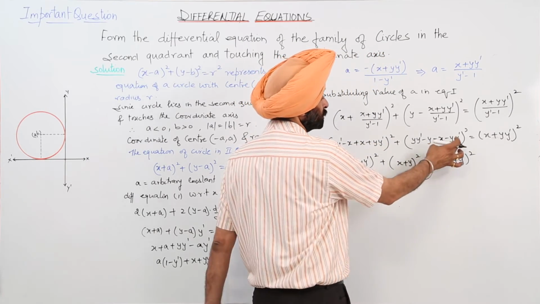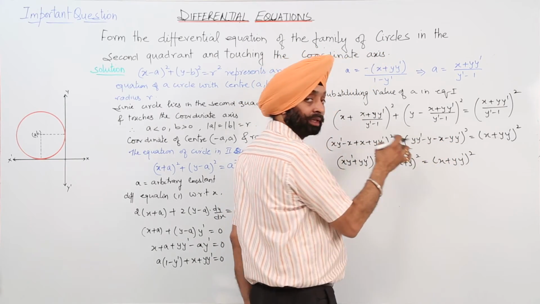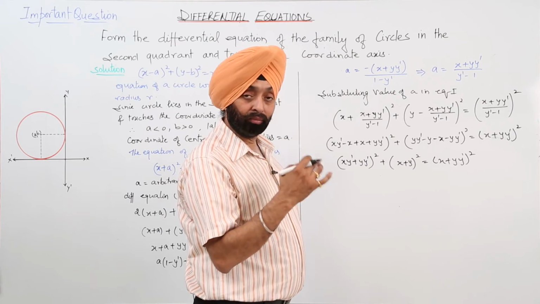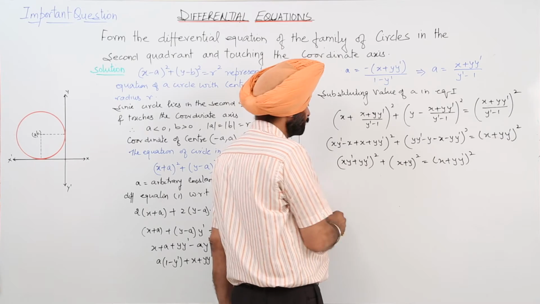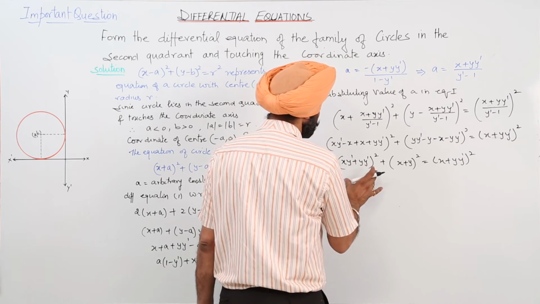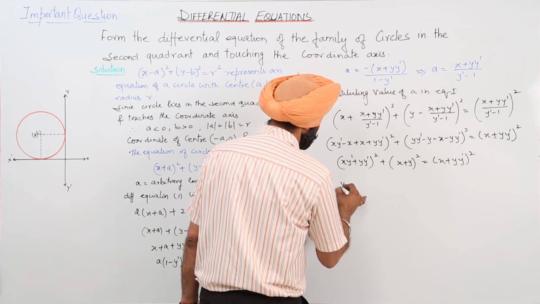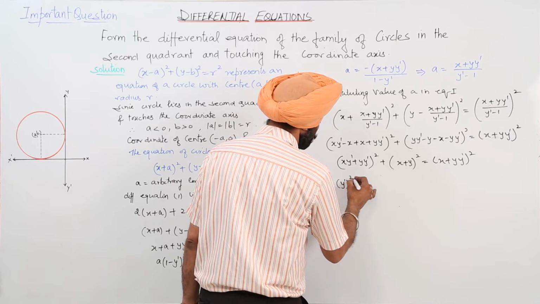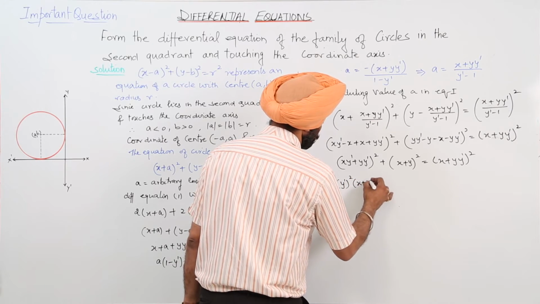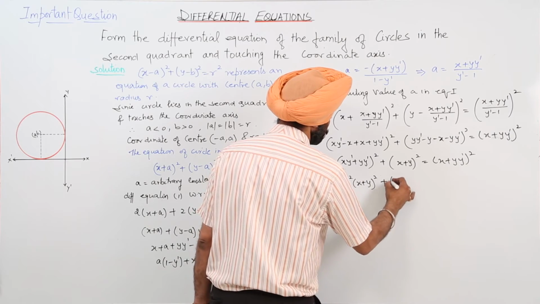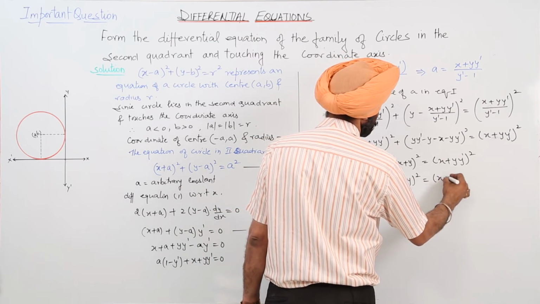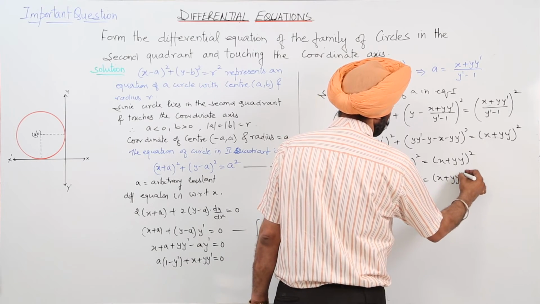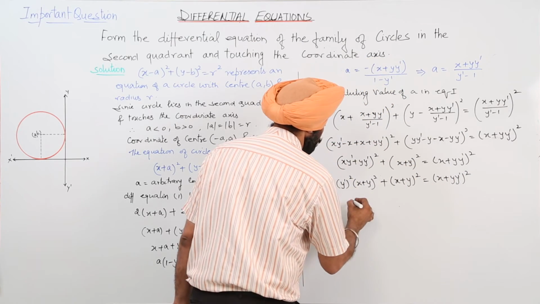Now here these two terms are cancelled and this becomes negative of y minus negative of x. So we can write it (x plus y) whole square. Now this can be written as y' whole square (x plus y) whole square plus (x plus y) whole square is equal to (x plus y y') whole square.